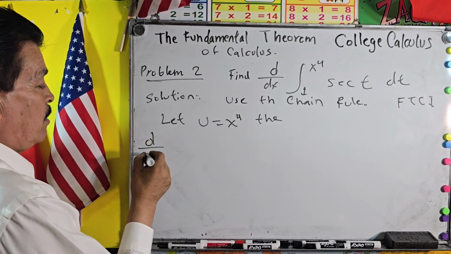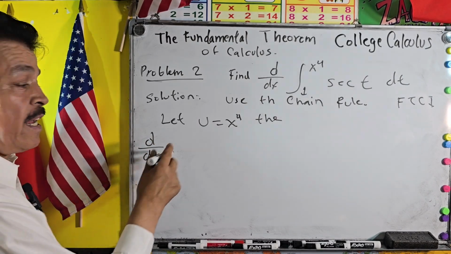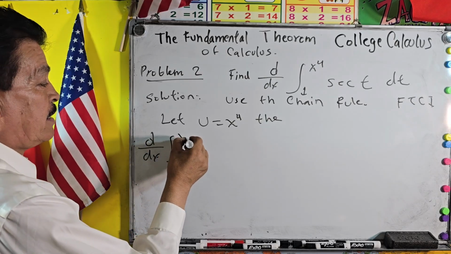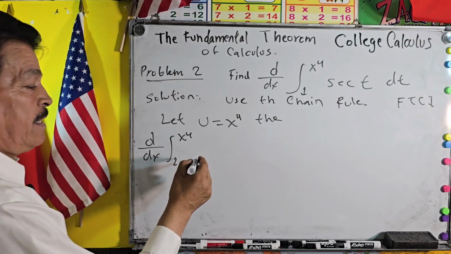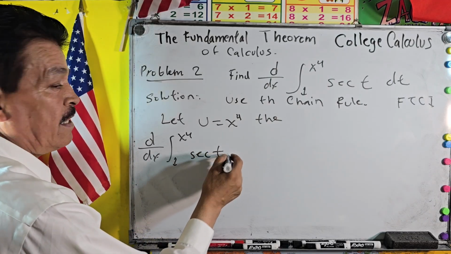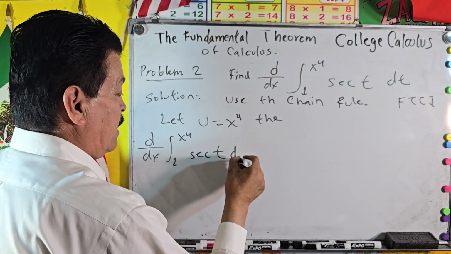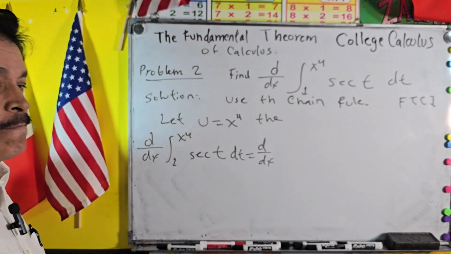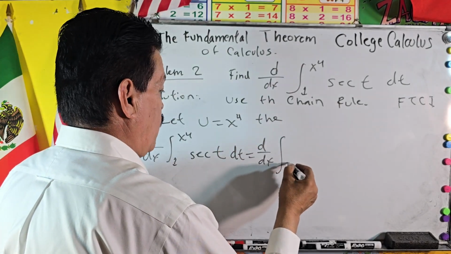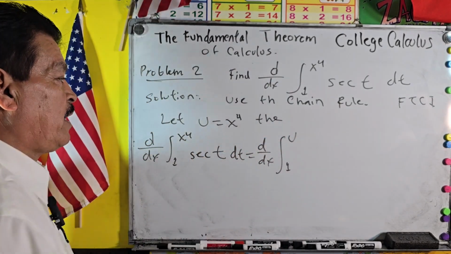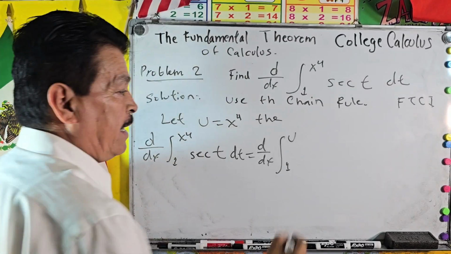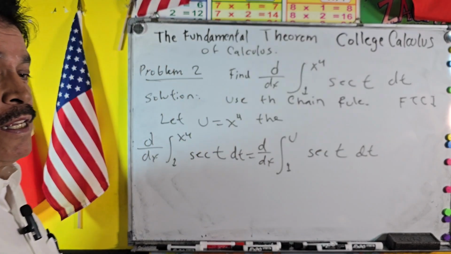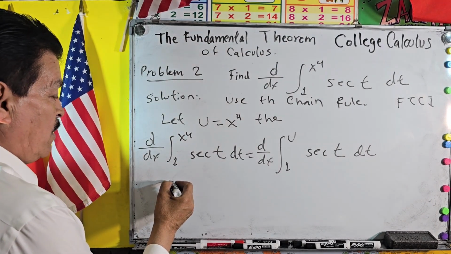So write d over dx of the integral from 1 to x to the 4 power of sec t dt equals d over dx of the integral from 1 to u. Just write u. Remember right here in the problem, u, sec t, differential t. Okay, it's right there. So this is equals.